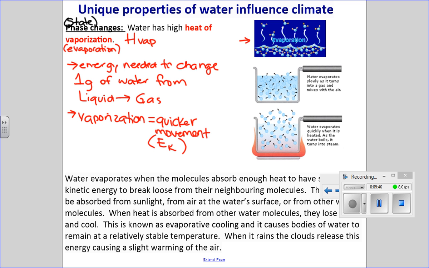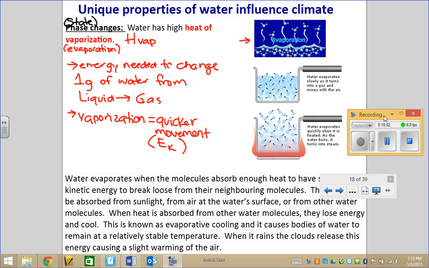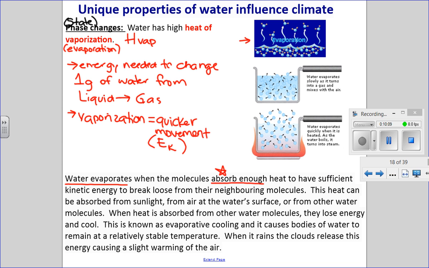So in the top picture up here, I'm illustrating to you little water molecules. And the idea is that evaporation happens when a molecule can get away from the neighboring molecules. So if we look down here, water evaporates when the molecules absorb enough heat to have sufficient kinetic energy to break loose from their neighboring molecules.